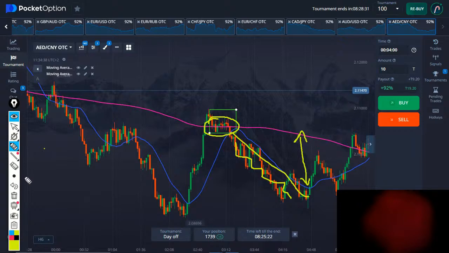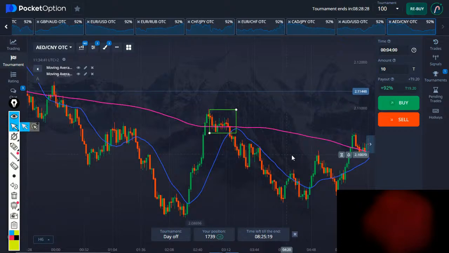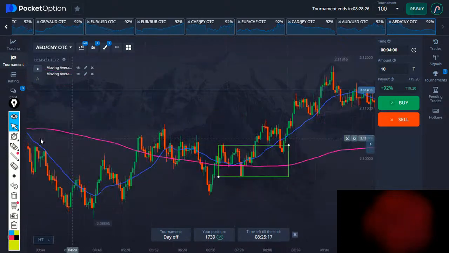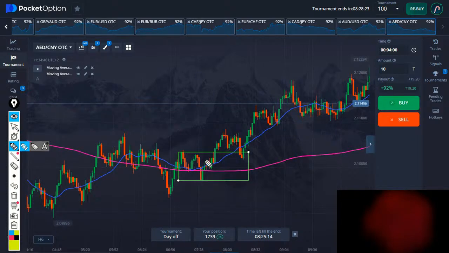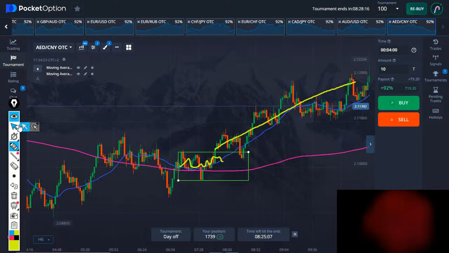Okay, let's see another example. Here you have your narrow state, your 20 and 200 very close, boom, wide state. As you can see, you have a decent distance, very trending market. So you have your 20 moving average floating away from the 200.